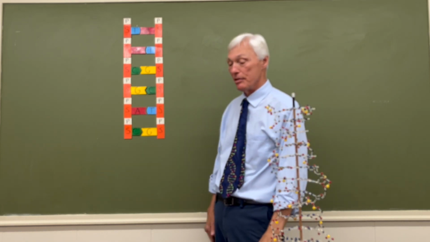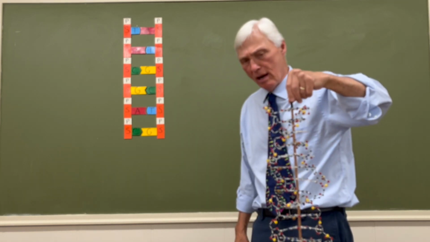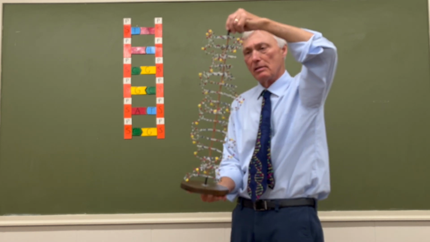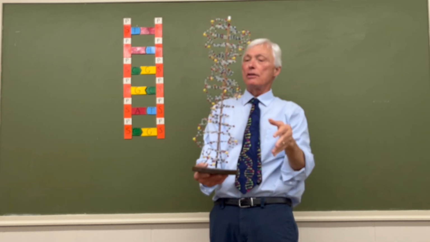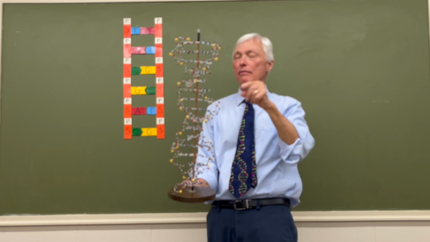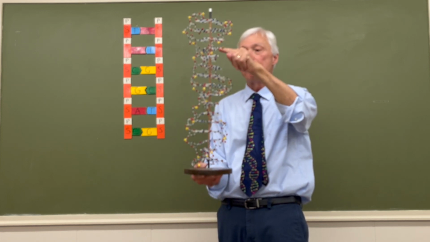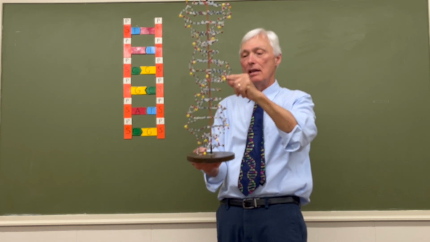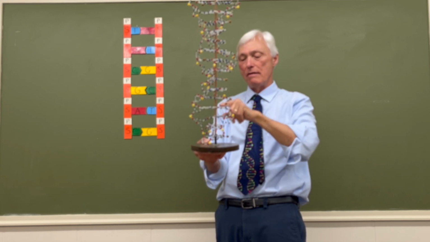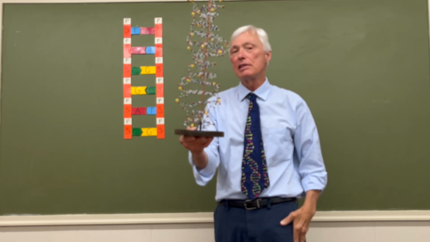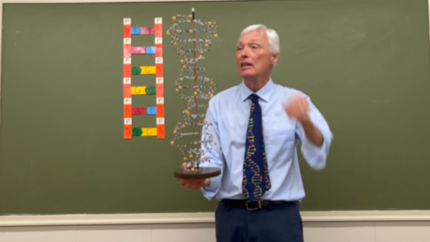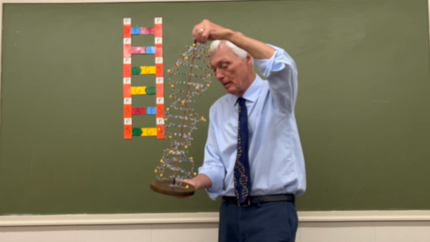6 base pairs. Now, if we look at our more complicated, more realistic model of DNA, I don't know if you can see these or not, but I'm going to count them for you. There's 1, 2, 3, 4, 5, 6, 7, 8, 9, 10, 11, 12, 13, 14, 15, 16 base pairs in this DNA molecule.